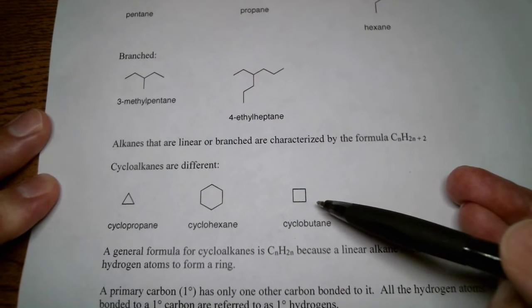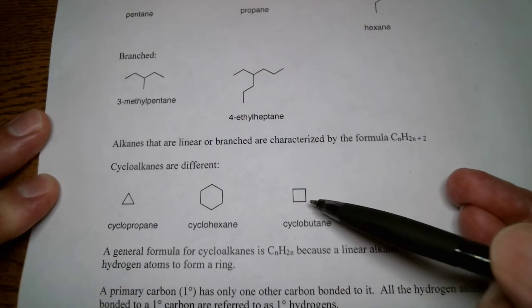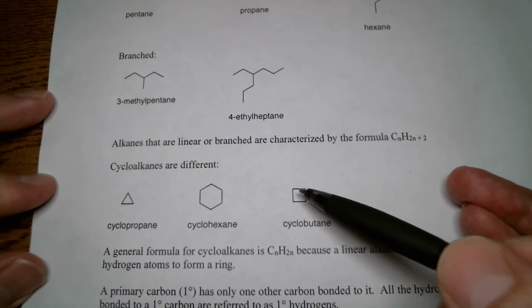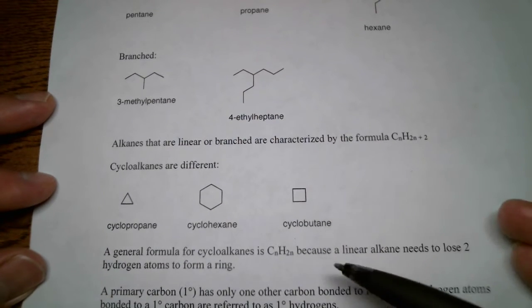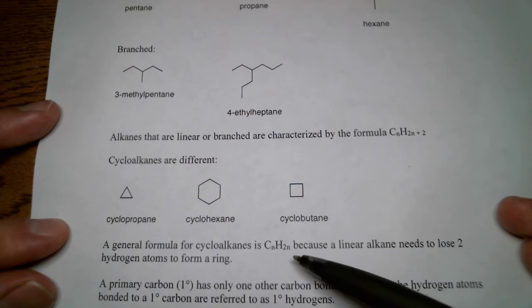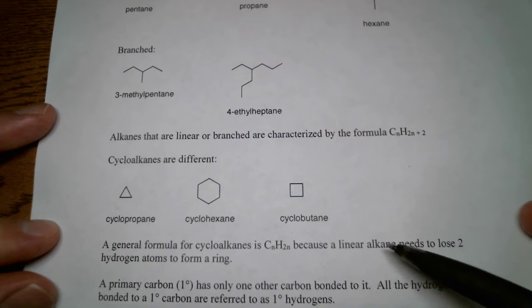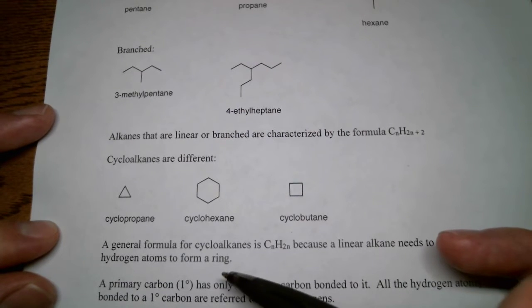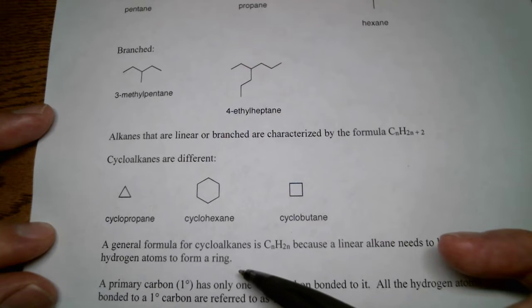And there we have cyclobutane, another strained ring, which is composed of 4 carbons, so a 4-membered ring. A general formula for cycloalkanes is CnH2n, because a linear alkane needs to lose 2 hydrogen atoms in order to form a ring.